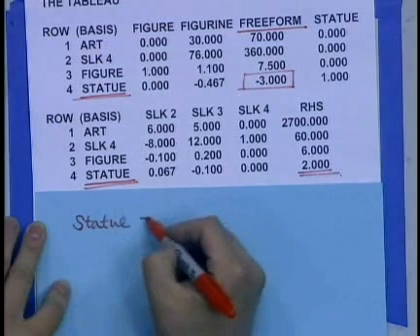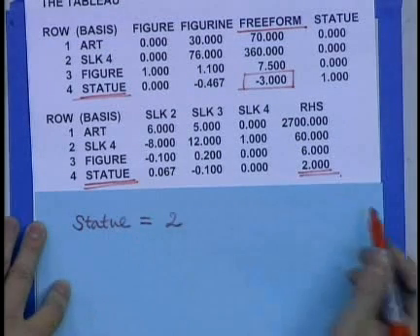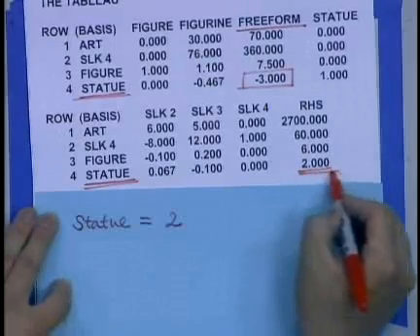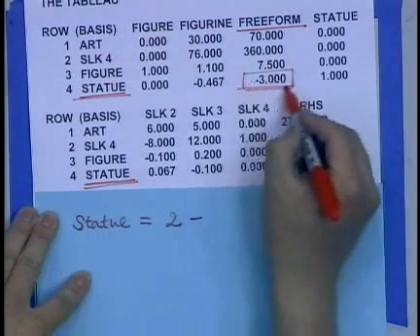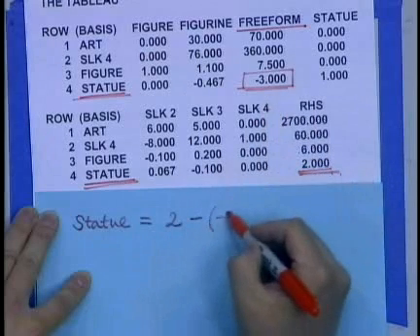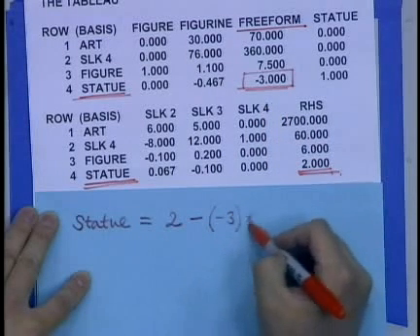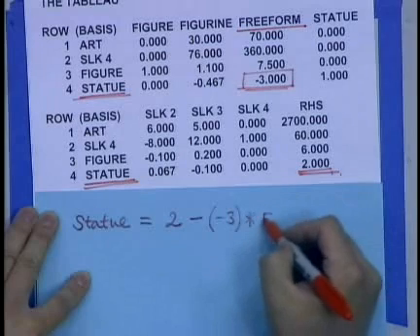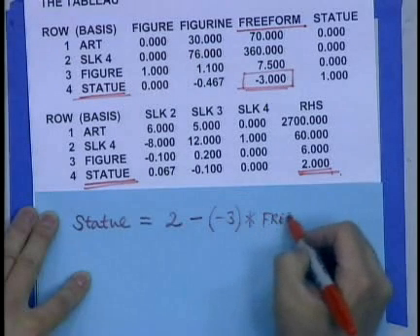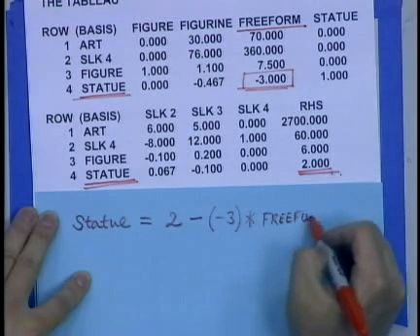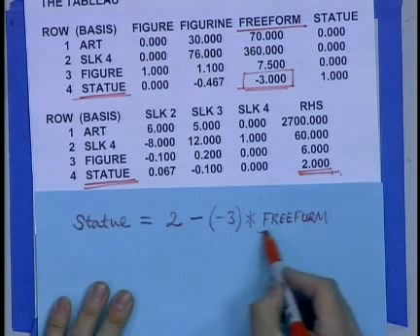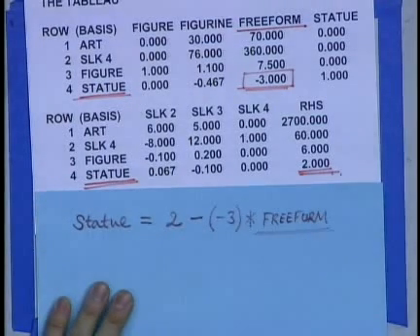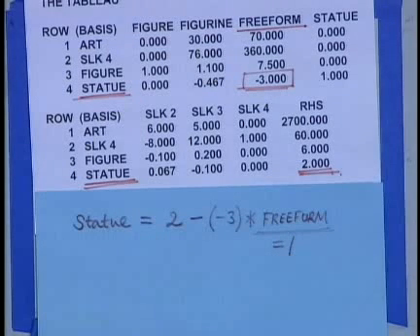So the statue becomes 2, which is the current value, minus -3, that is the substitution rate, times the value of freeform. The value of freeform is 1, right?